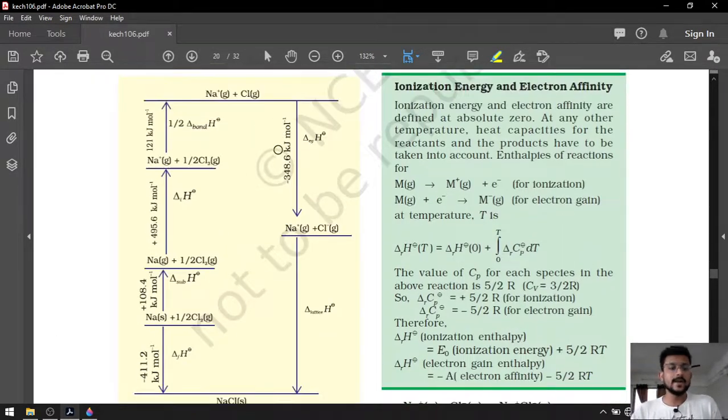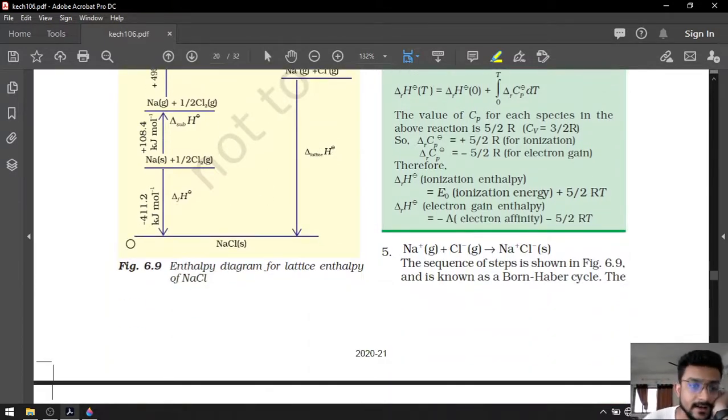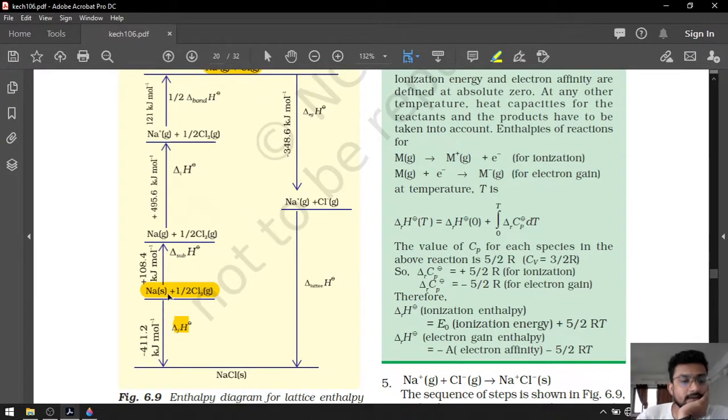So let's talk about the diagram. Look at this. In the first step, gaseous Na plus and Cl minus are formed, but before that it will start from this step: Na solid plus 1 by 2 Cl2 gas. If we use formation enthalpy, it will be directly NaCl solid, right? But we will go this way. There are two ways. In the first step, sodium sublimes, so sublimation enthalpy.